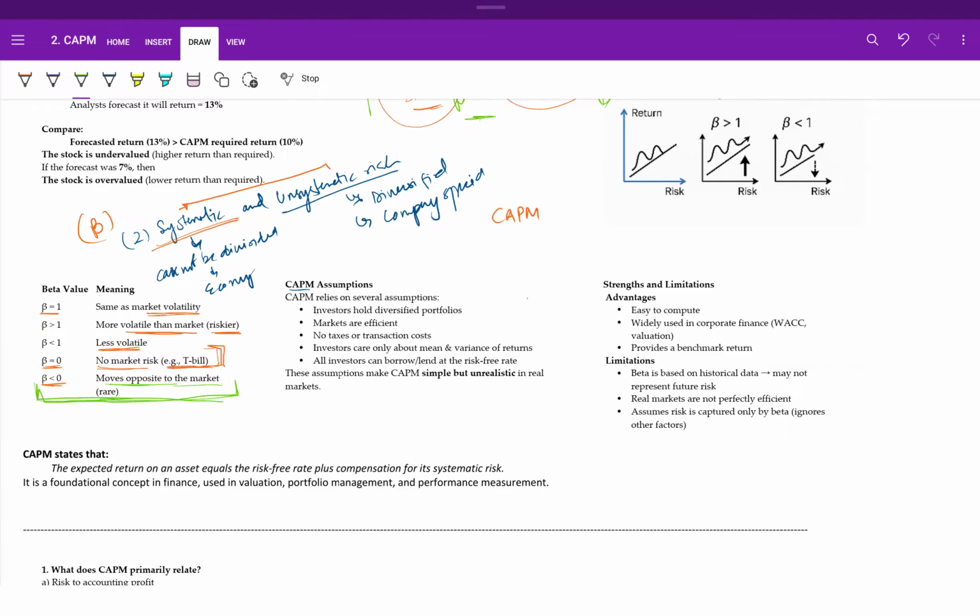So let's discuss for a moment what negative beta means. Beta actually measures how a stock moves relative to the market benchmark, which is a broader index like the S&P 500, or Nifty 50 in India, or Sensex.